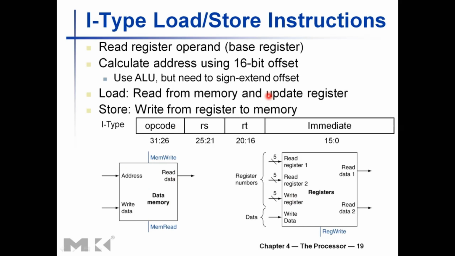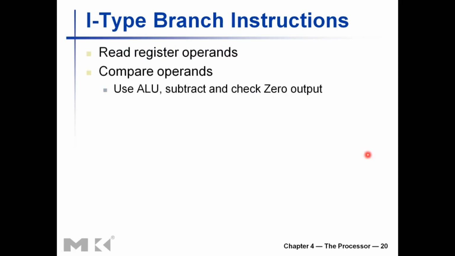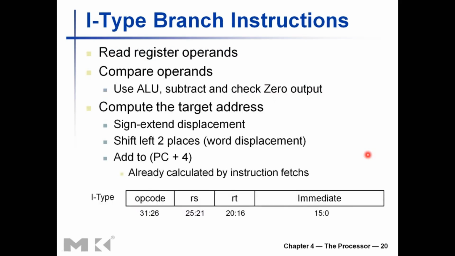Okay. Next we have immediate type branch instructions. Branch instructions have an immediate value, that is the branch target, and two register values which are the operands.